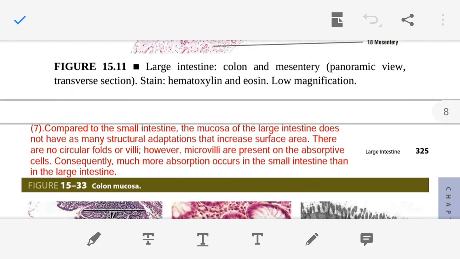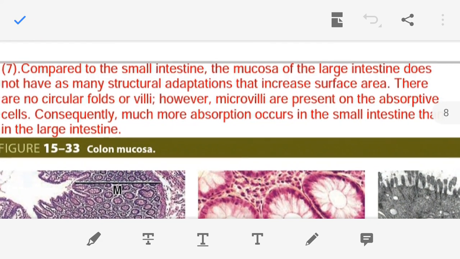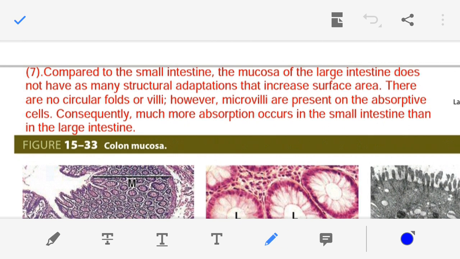Now, the seventh point. Here we are comparing the small intestine and the large intestine. We have already studied the anatomy and histology of the small intestine, and we found that in its structure circular folds, villi and microvilli are present.